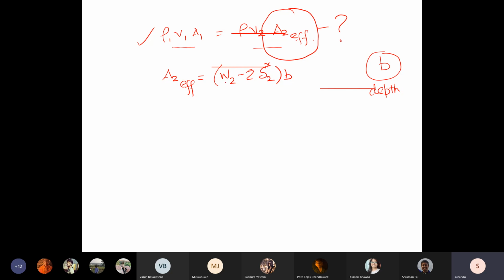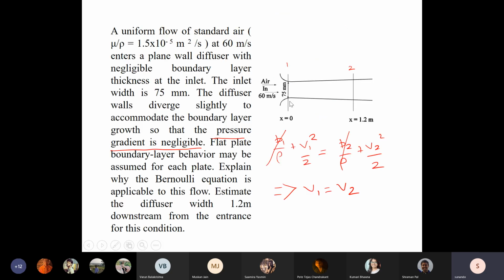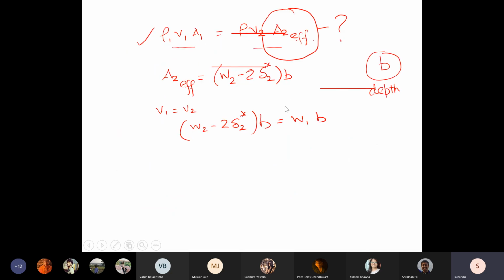Since V1 equals V2 and it's an incompressible fluid, W2 minus 2 delta 2 star times b would equal W1 times b, where W1 is the width at location 1, which has been given as 75 millimeters. So the thing that remains right now is what is delta 2 star.